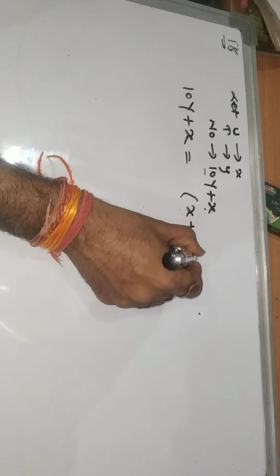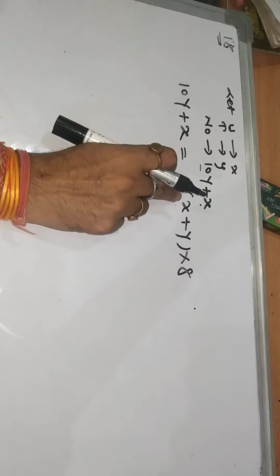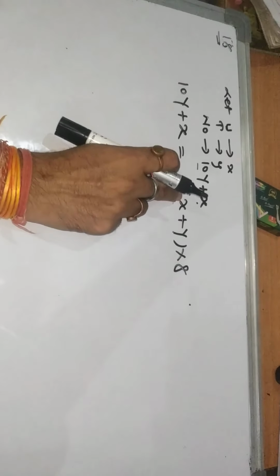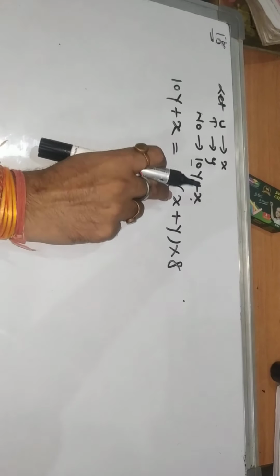If we multiply by 8 the sum of the digits, x plus y, it converts into x plus y into 8.